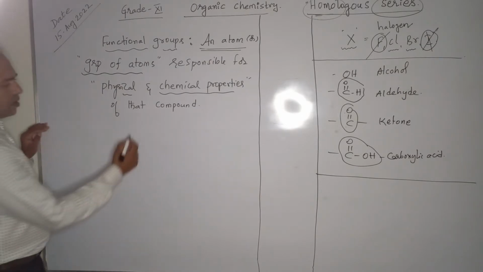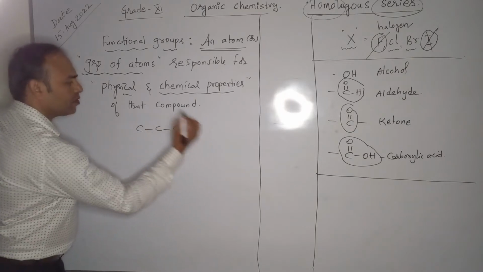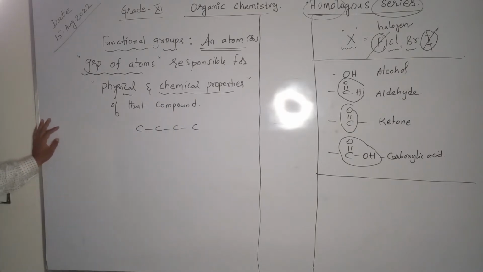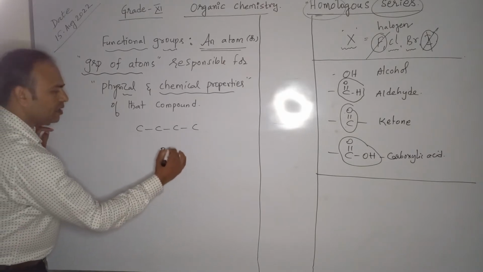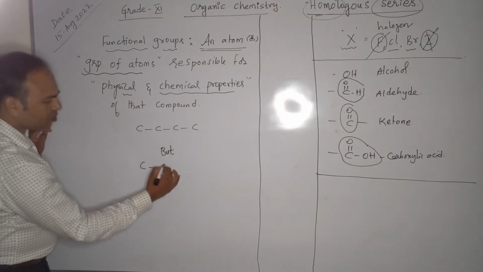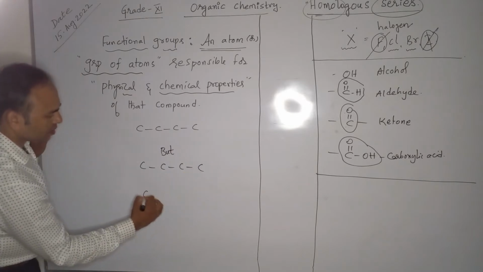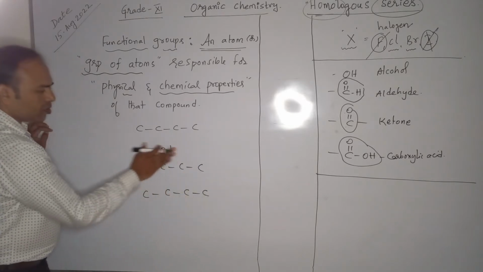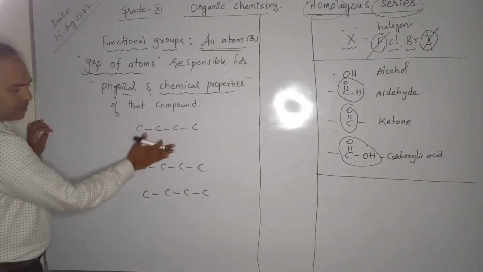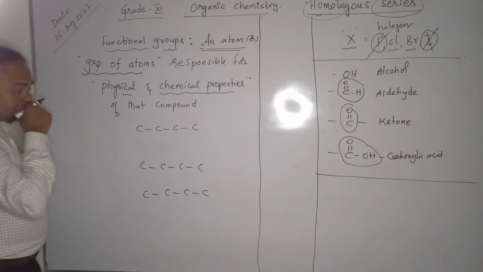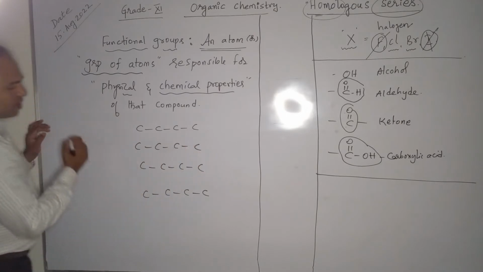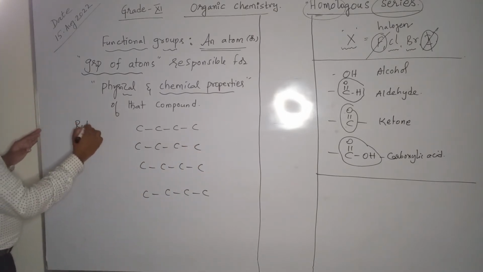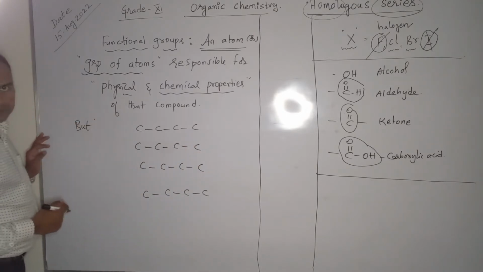Now let me take 1, 2, 3, 4 carbons. You know, if 4 carbons are there, the root word is but. So let me take one more: 1, 2, 3, 4. Same way, another 4. So in all these conditions, what will be the root word? Everywhere you have to use but.